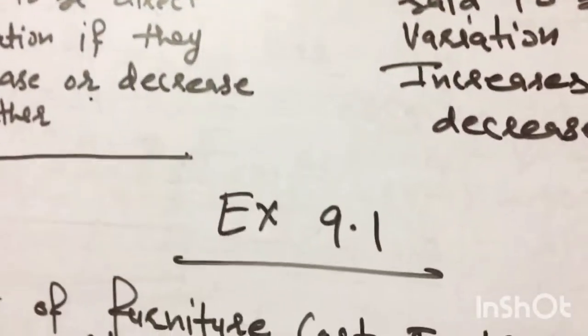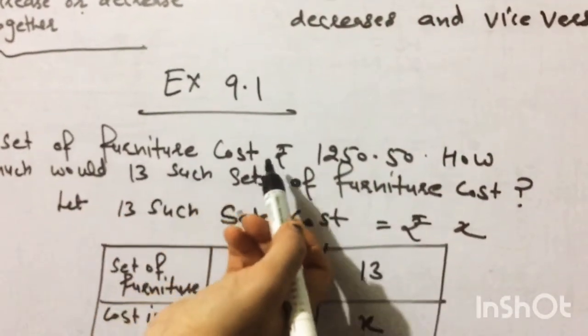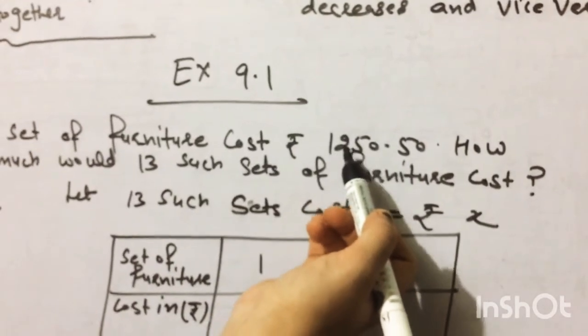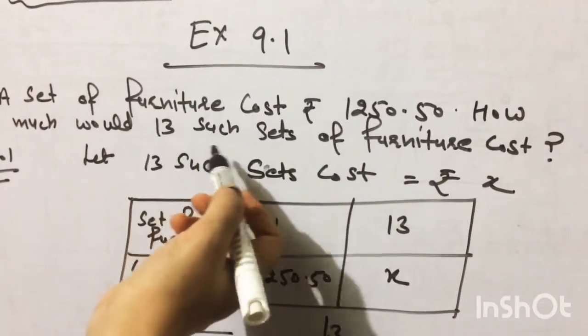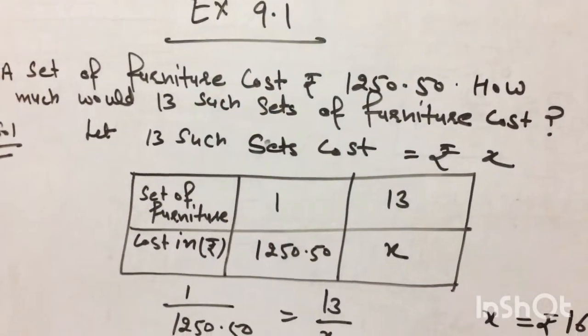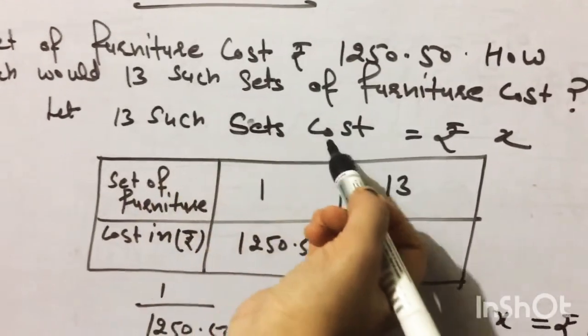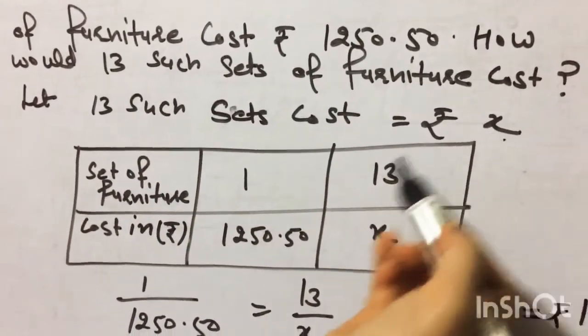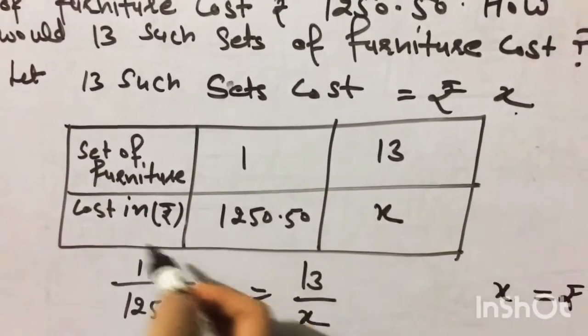Exercise 9.1. Question number 1: a set of furniture costs rupees 1250.50. How much would 13 such sets of furniture cost? Solution: let the cost of 13 such sets be rupees X. We have to do these sums in tabular form. Make a table here, make 3 boxes.